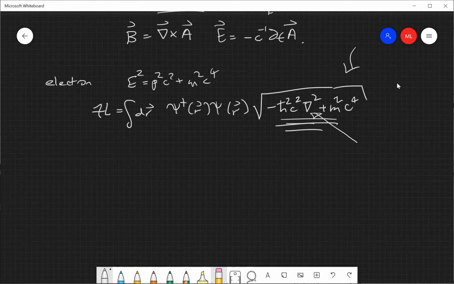You can consider eigenstates of, say, field operators, and then you could consider transition probabilities between different field configurations.